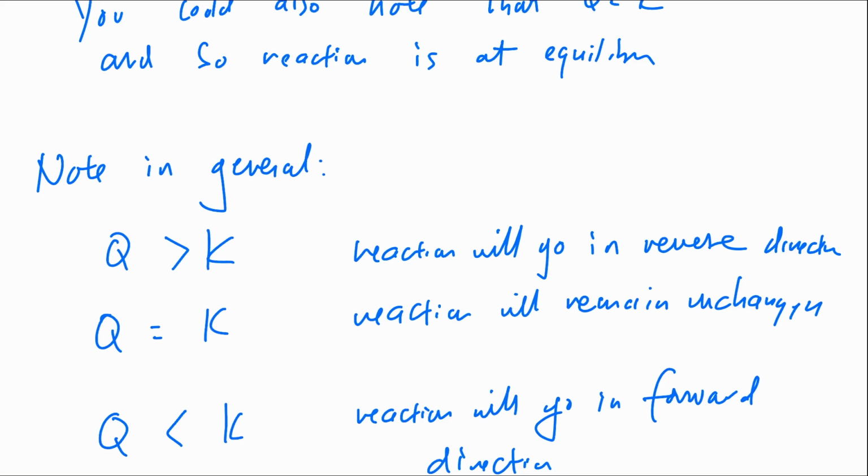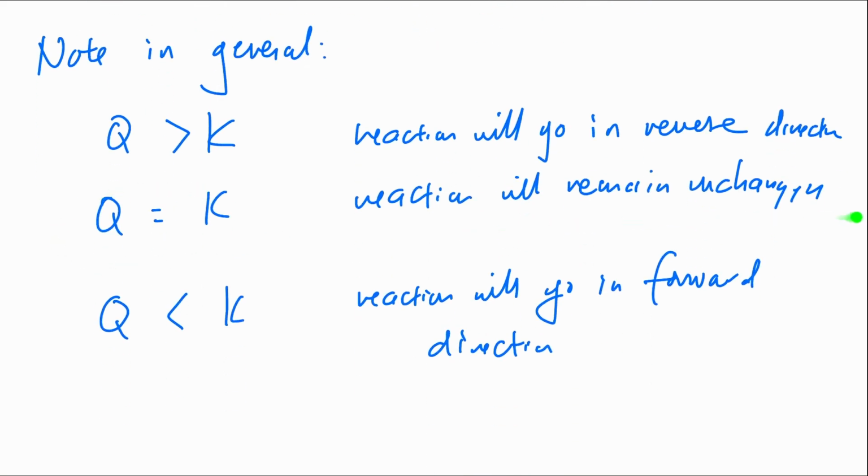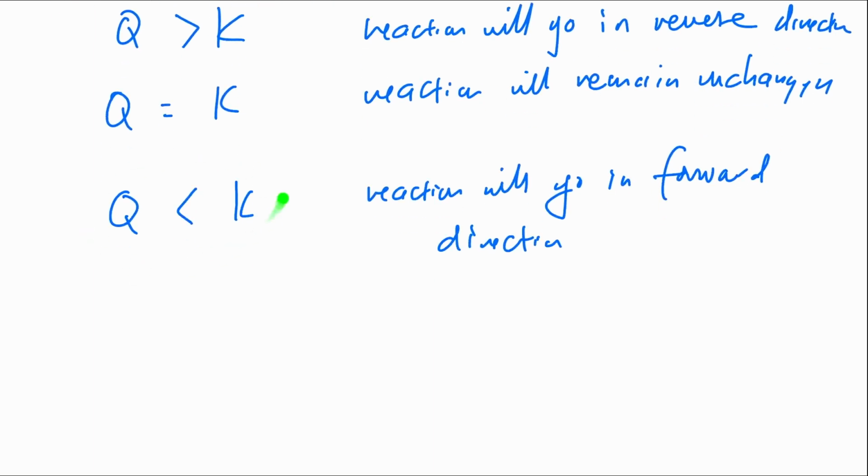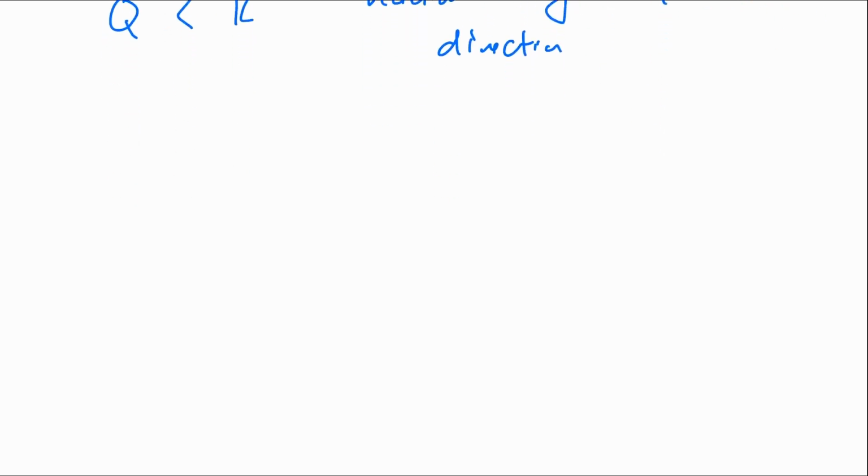If Q is bigger than K, the numerator is too big and the denominator is too small. The numerator is products and the denominator is reactants. So you want to make the numerator smaller and the denominator bigger, which means you want to go backwards. If they're equal, that's unchanged. And if Q is less than K, then you want to go forward to make the numerator bigger. Okay.